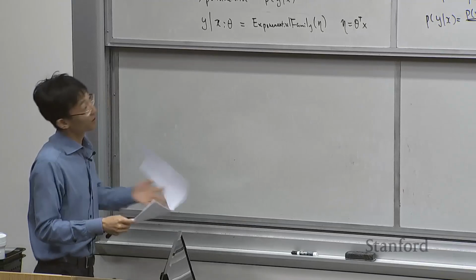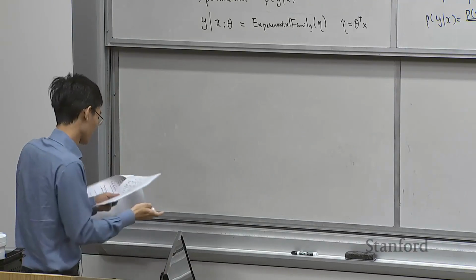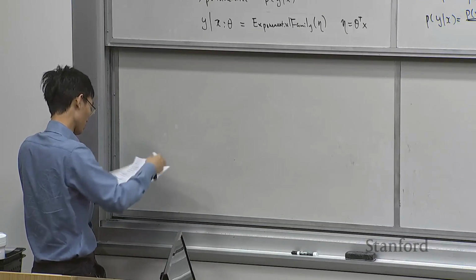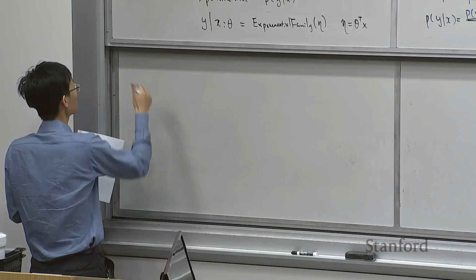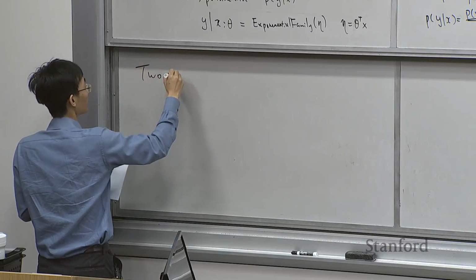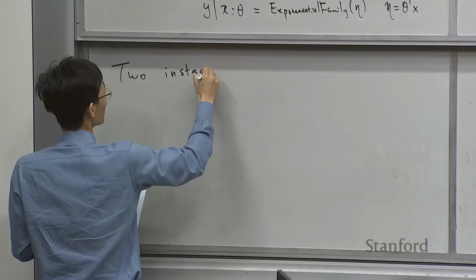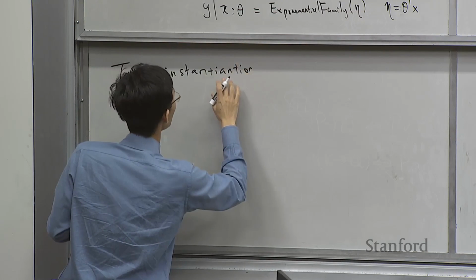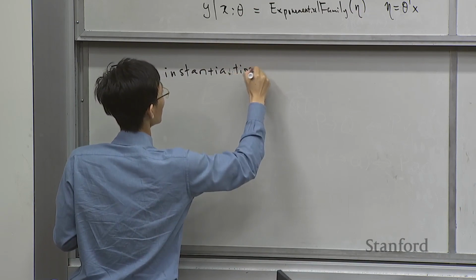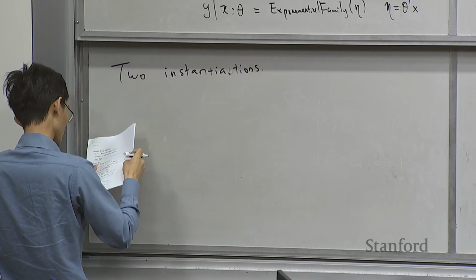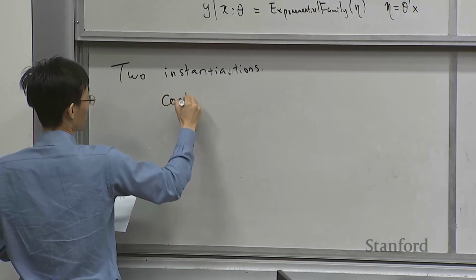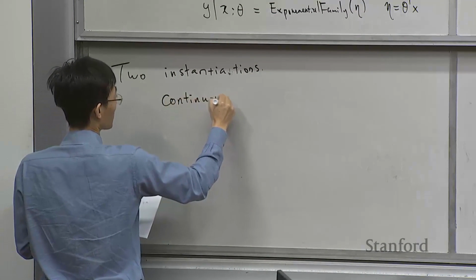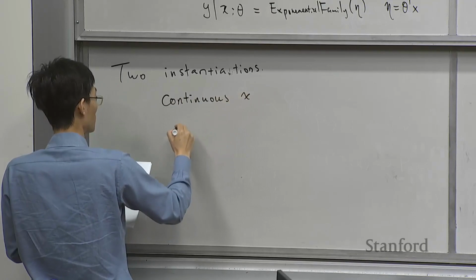Okay, so this is just a very high level introduction. We're going to talk about two instantiations of this general idea. The difference is really just that in one case x is continuous, and in the other case x is discrete.